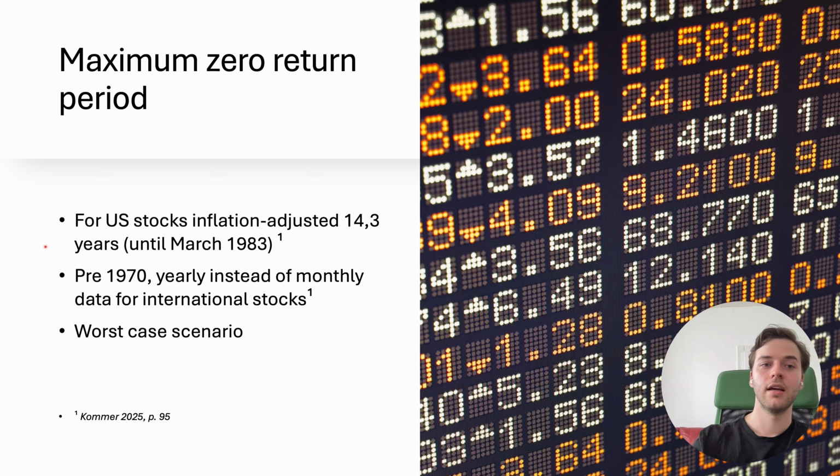For a person investing in US stocks to actually have 14.3 years of zero return, it would mean they invested all their money on the worst day, when the stock market was very high, and then had to wait 14.3 years to get back to zero returns. Of course it can happen, and many people invest in the stock market, so it happened maybe to some.